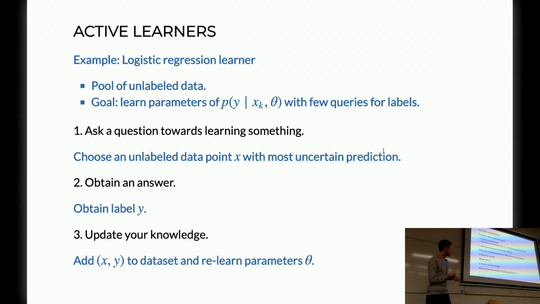So how it works is that it first chooses an unlabeled data point, for example taking the one that it's most uncertain about in the prediction. Then it obtains the label from somewhere, and it adds that point to the dataset and relearns the parameters, and then it can loop this until it has learned enough or exhausted the data.